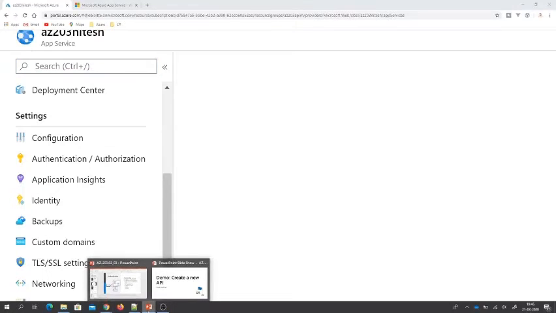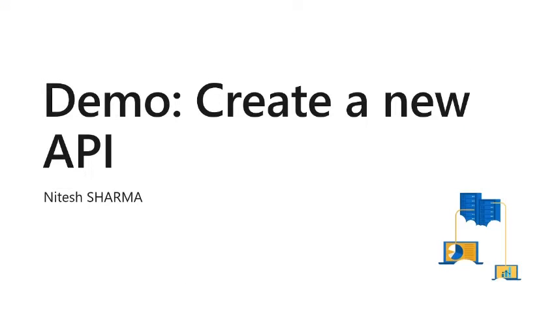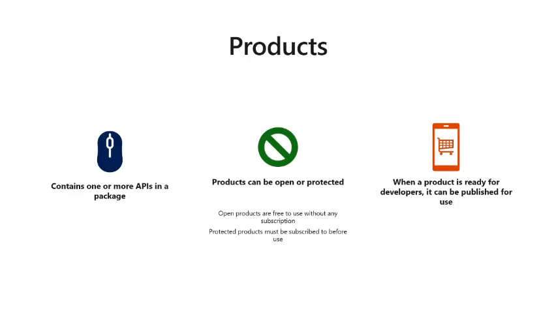Okay, so let's continue. Products. Products are associations of one or more APIs. You can include a number of APIs and offer them to developers through the developer portal. You can add an existing API during the product creation. You can add an API to the product later, either from the product settings page or while creating an API.